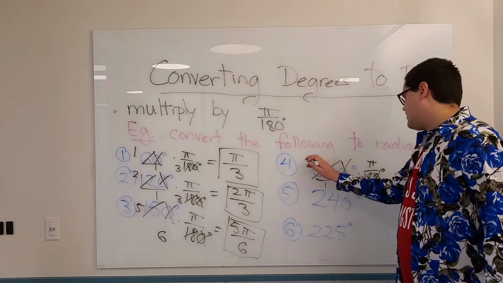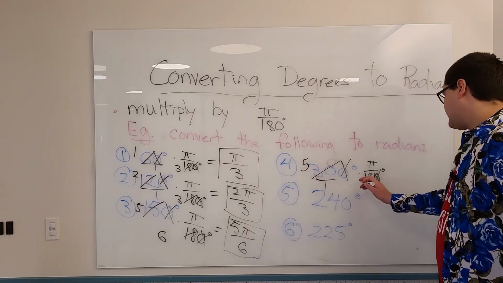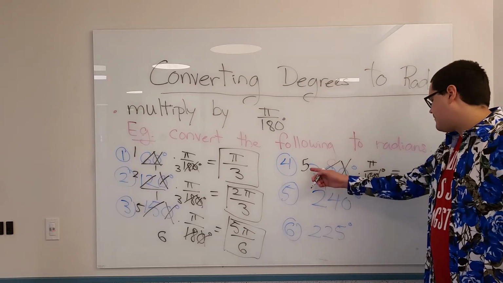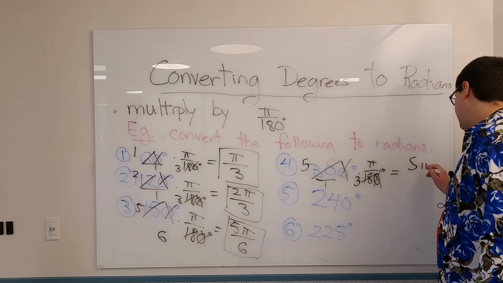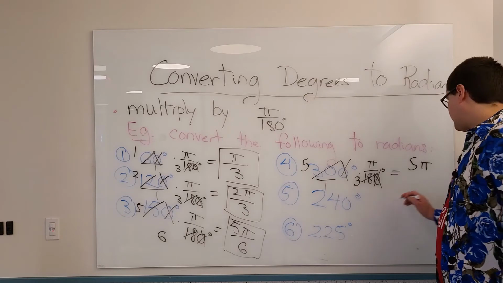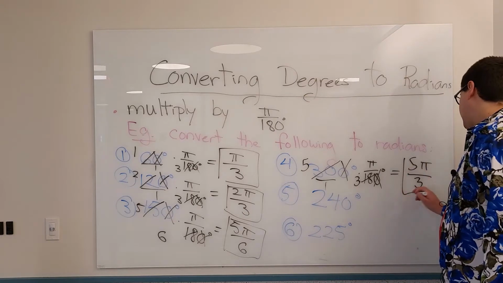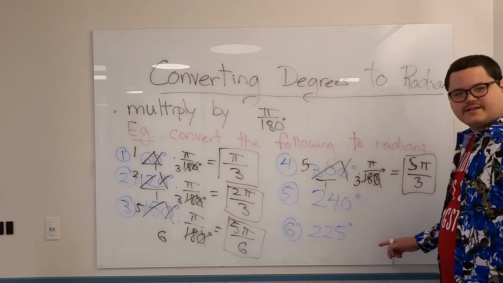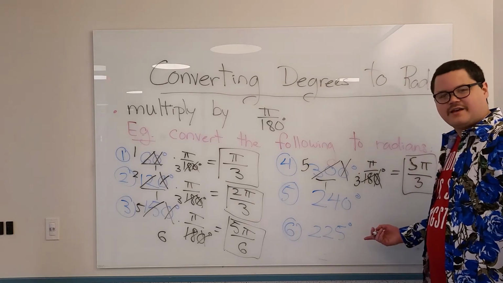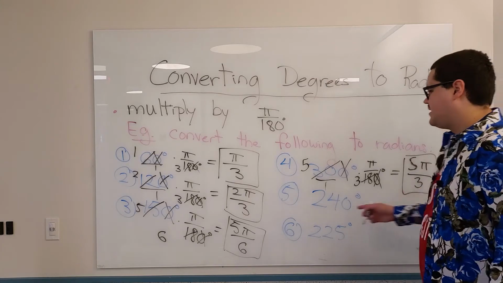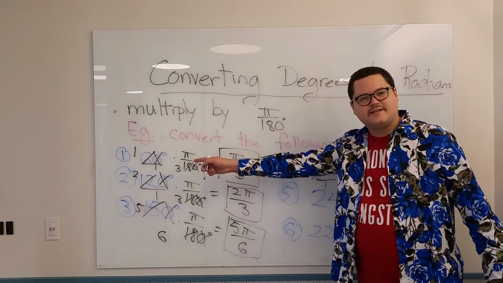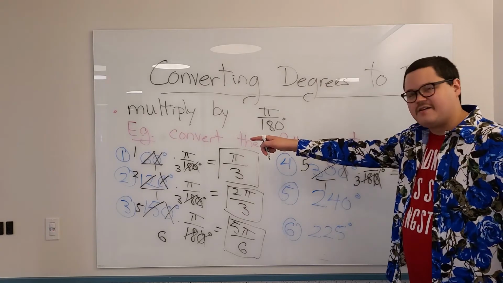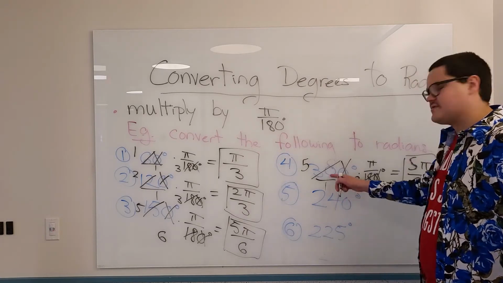So 6 goes into 30 5 times, goes into 18 3 times. So upstairs we have 5 times pi, downstairs 1 times 3. So this is 5 pi over 3 radians. Now that makes sense, right? Pi over 3 was 60 degrees. So 5 times that is the same as 5 times 60 degrees, which is 300 degrees.